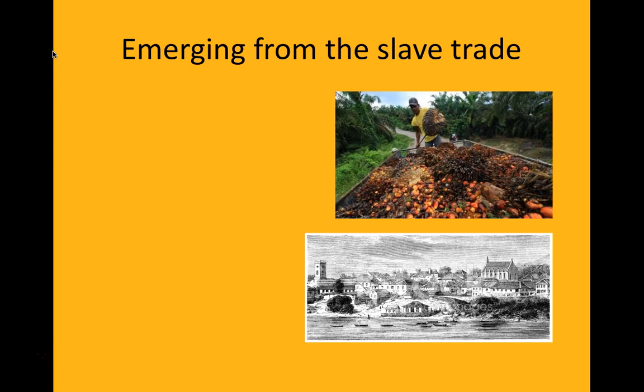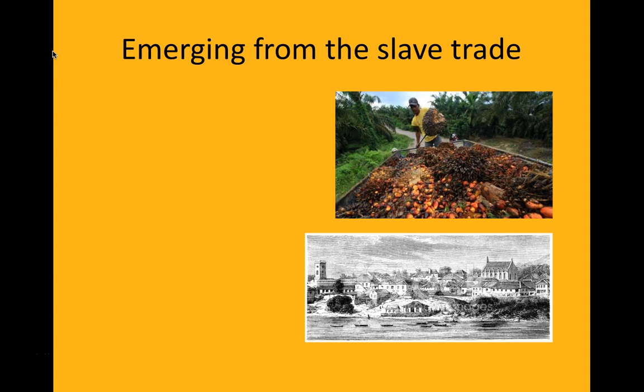So when we last met virtually, we were talking about the slave trade and the impact that it had over the course of about 4 centuries on Africa. And the 19th century was the time in which Africa was transitioning away from that.